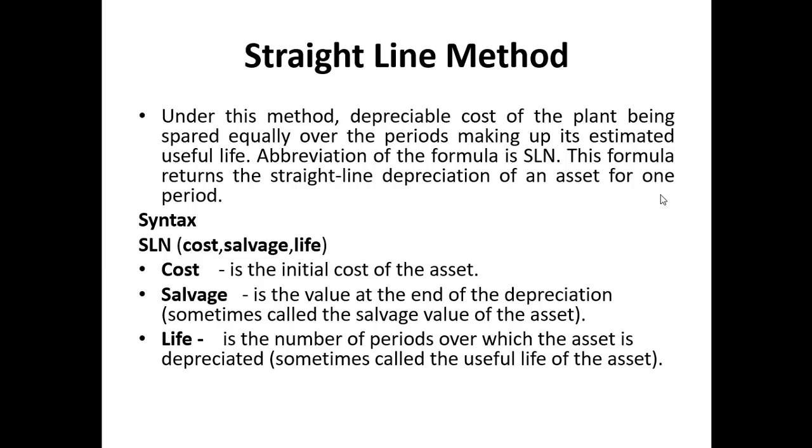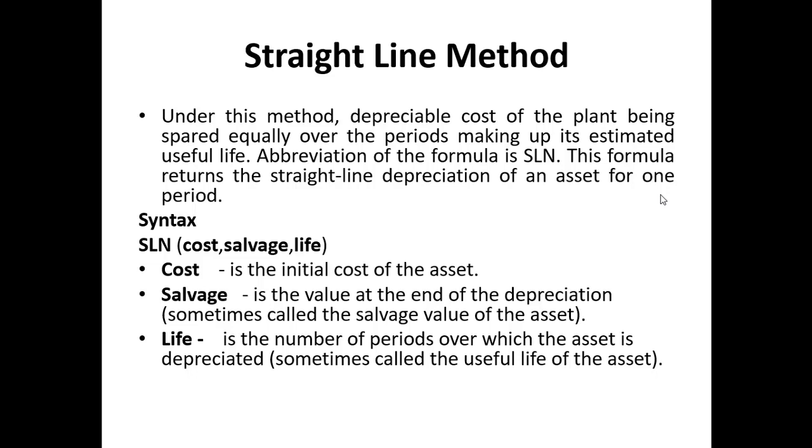If you look at the syntax of the formula, you can see the cost must be an important input. You need to identify the cost of an asset. Then the salvage, the residual value, another term we call salvage value, and the life. Life in the sense, the useful life. You have to feed these three pieces of information, then it would return the depreciation for a particular asset.